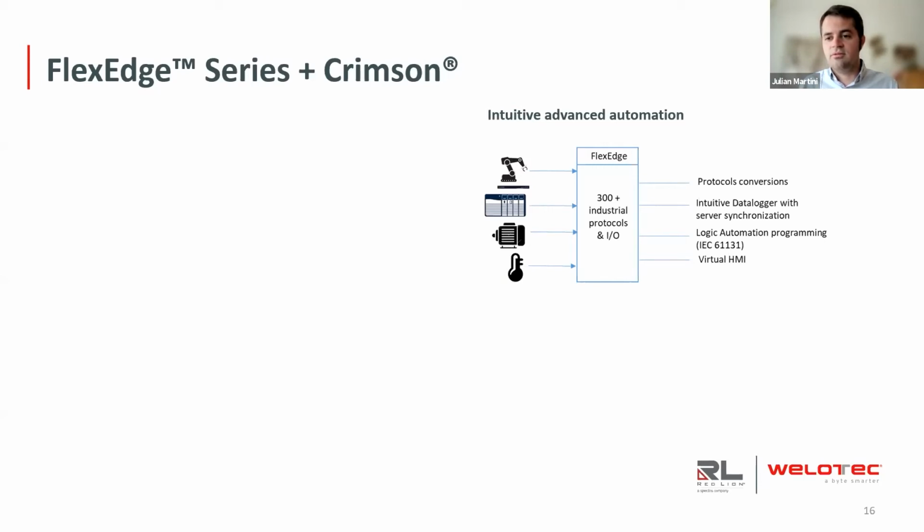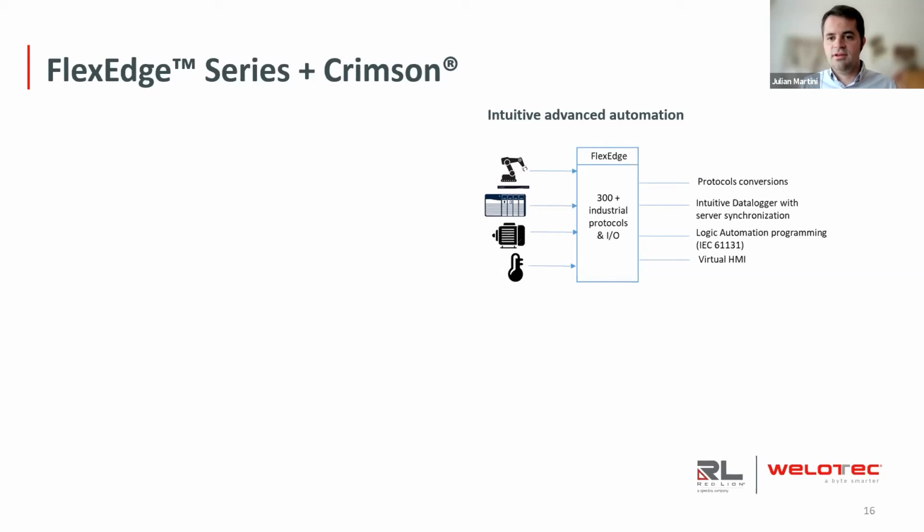So most of what you do in Crimson is just drag and click. So that's the general idea here. So you got this flexible platform called FlexEdge plus an intuitive software. And what you can do with it is something that I will now present you step by step.